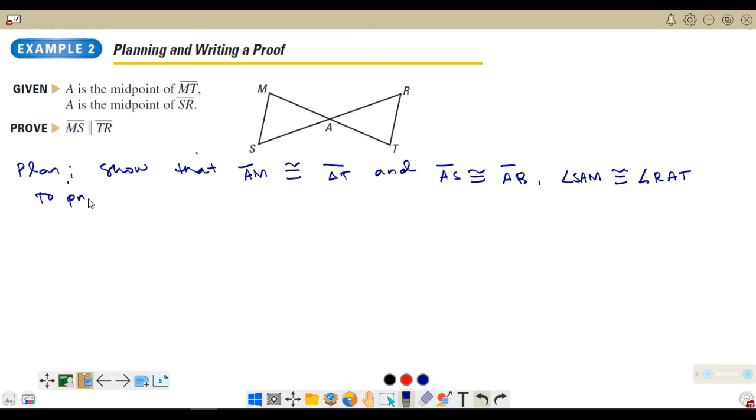To prove that triangle SAM is congruent to triangle RAT.